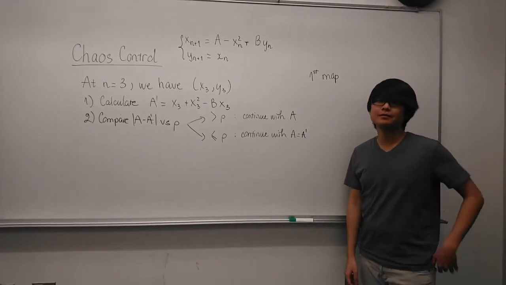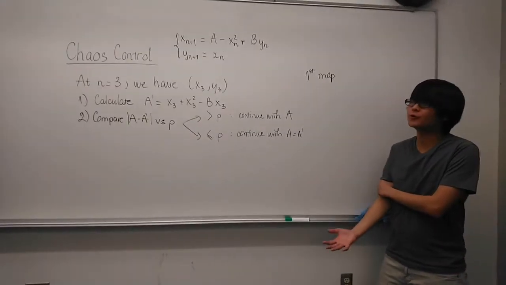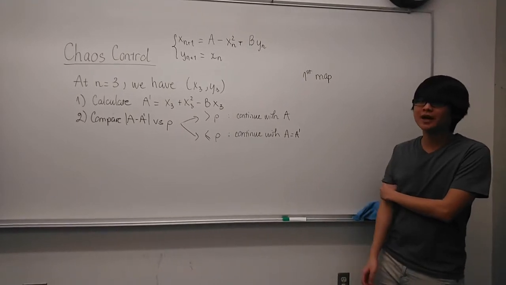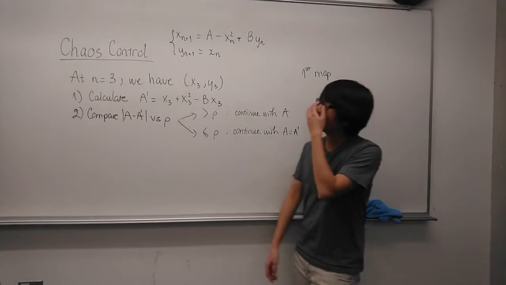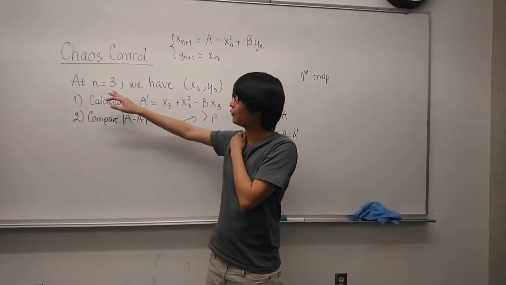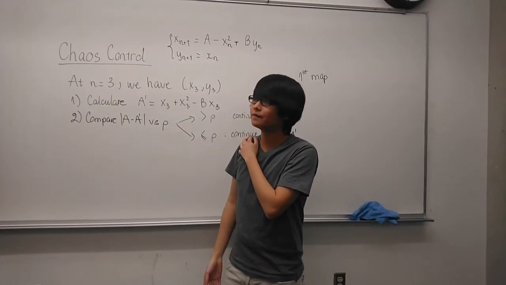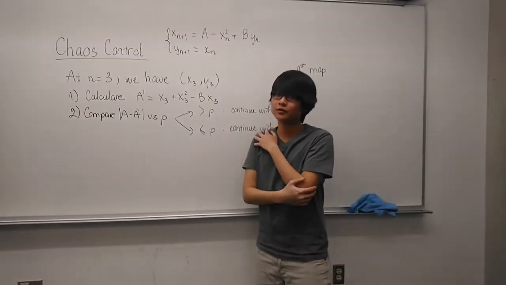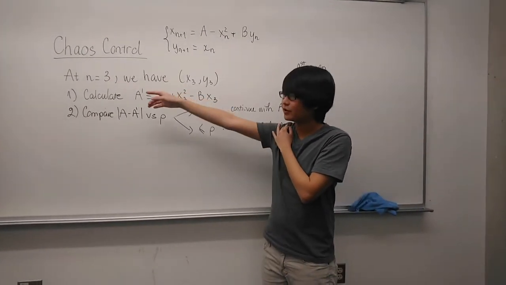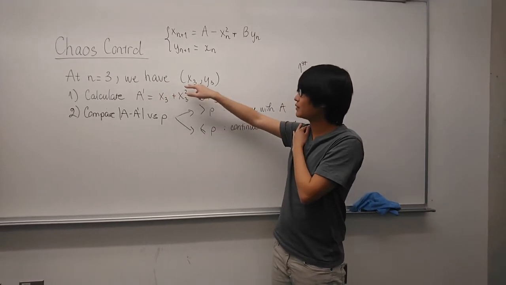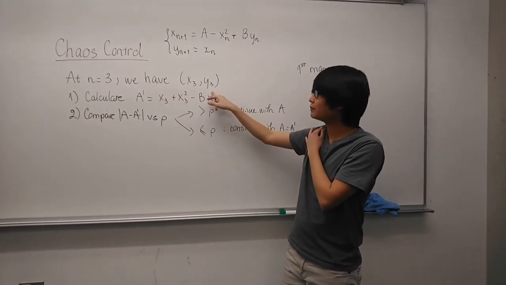The map that I'm applying chaos control to has the initial condition x0 equal to y0 equal to 0.5. Let's say at the step n equal to 3, I want to apply chaos control. The method I'm using here is called the OGY method. At that particular step, we have this value pair x3, y3.